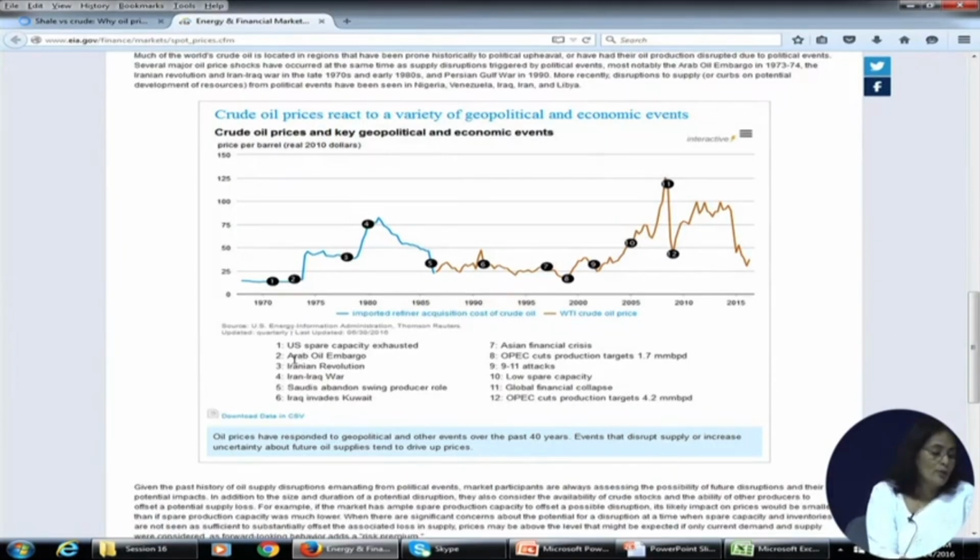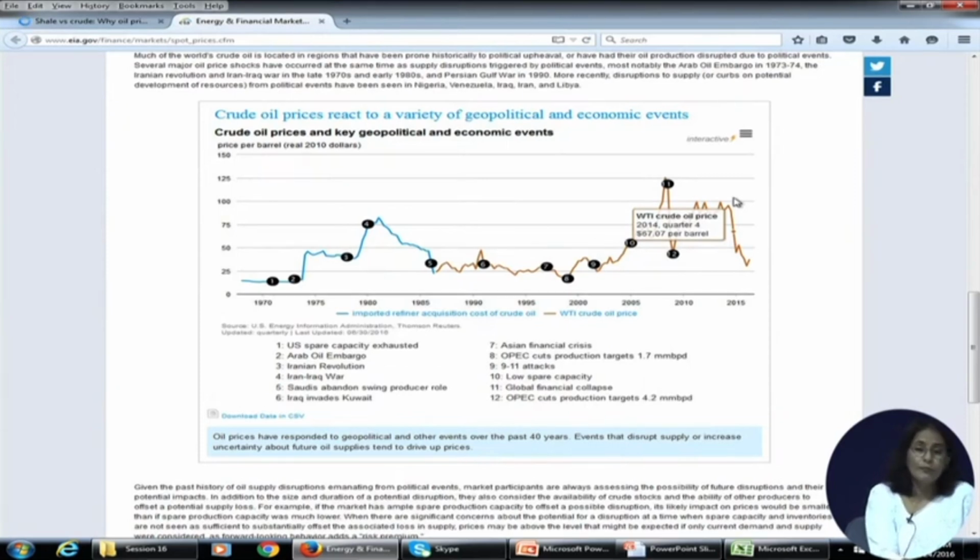So, starting from US spare capacity adjusted, the Arab oil embargo, the Iran-Iraq war, the 9/11 attack, and OPEC cutting the production target to 4.2 million barrels per day, the different important events are mentioned.